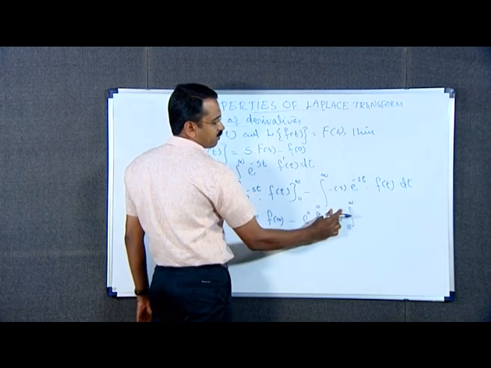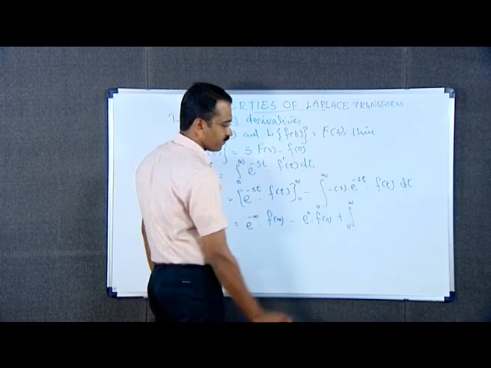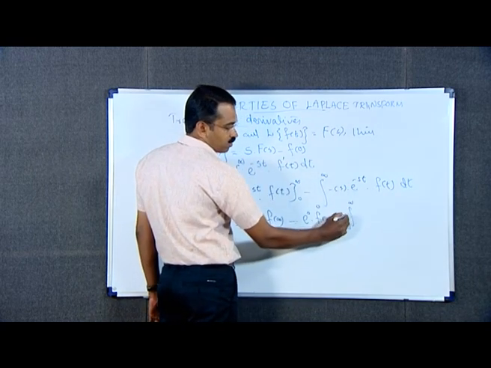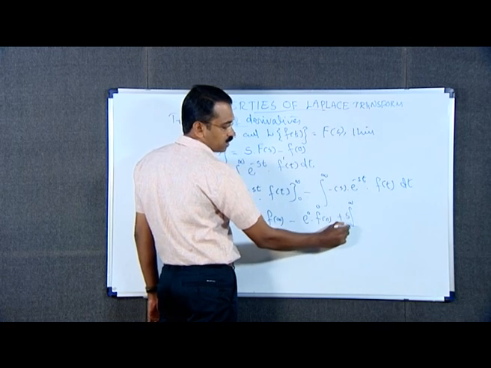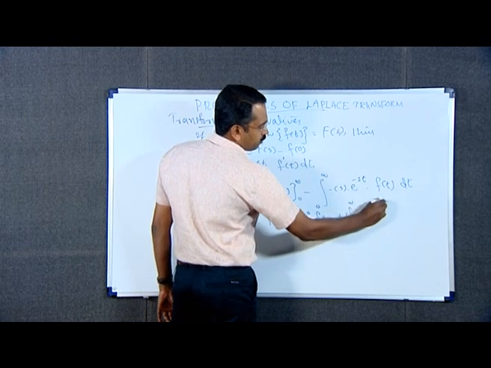This s can be taken outside because here the integration is with respect to t. Therefore, we get s into integral 0 to infinity e raised to minus st f of t dt.